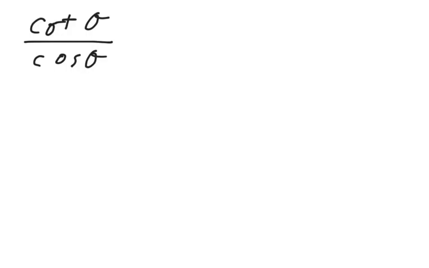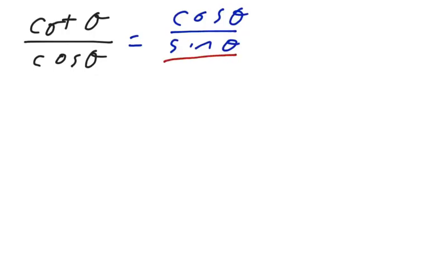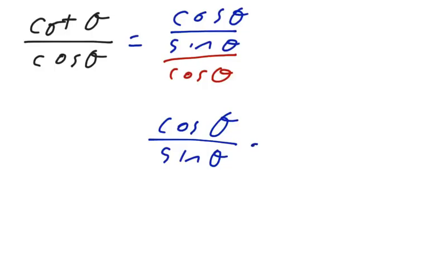For this one, we have cotangent over cosine, and we're trying to simplify this. So I'm going to change cotangent to cosine over sine. And I left the cosine by itself on the bottom. When you divide by a fraction, you multiply by the reciprocal.